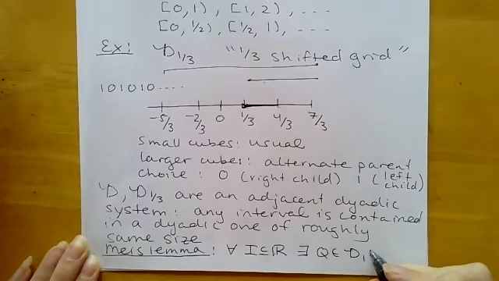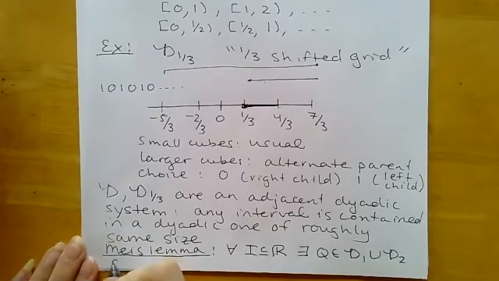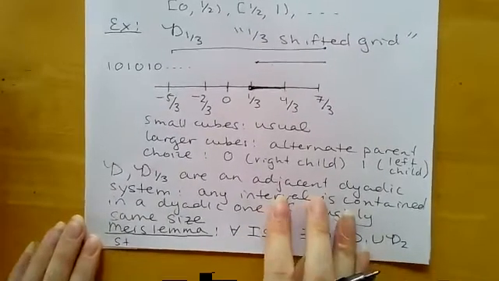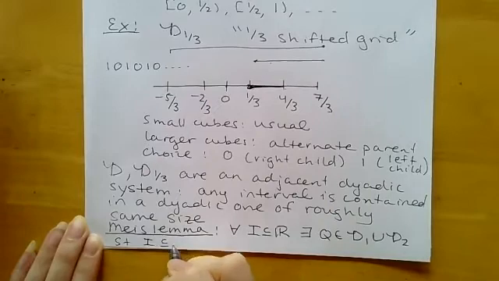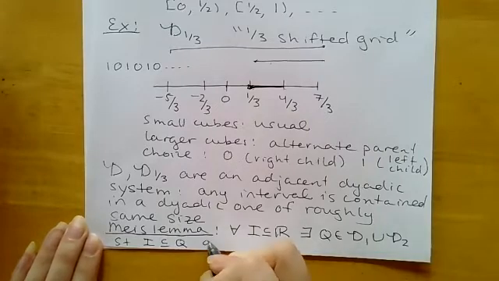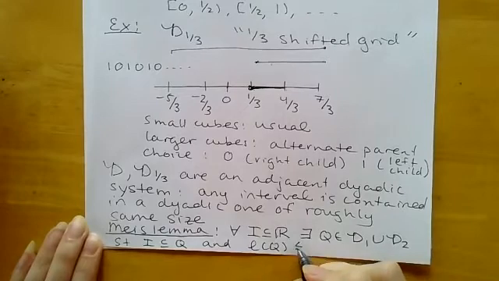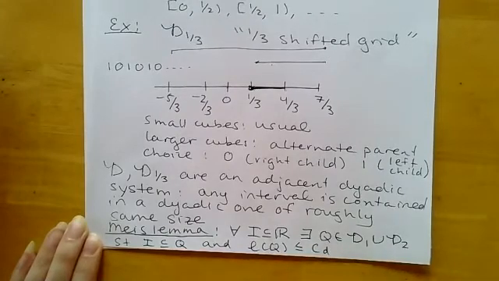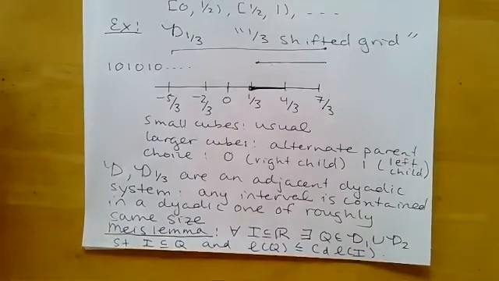We just need 2 grids, D1 and D2, such that I is contained in Q, and Q has roughly the same size as I. So the length of Q is bounded above by some constant that only depends on the dimension times the length of I.